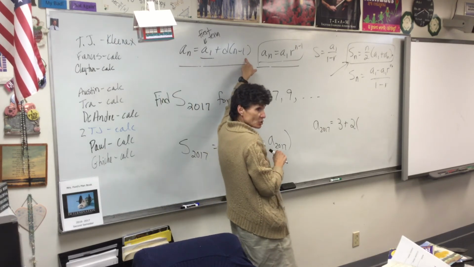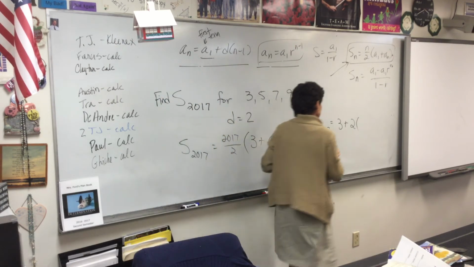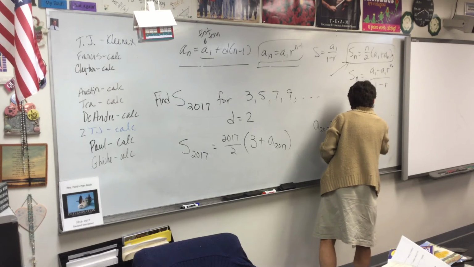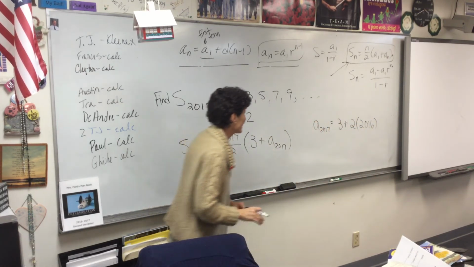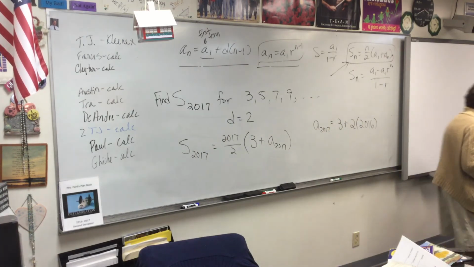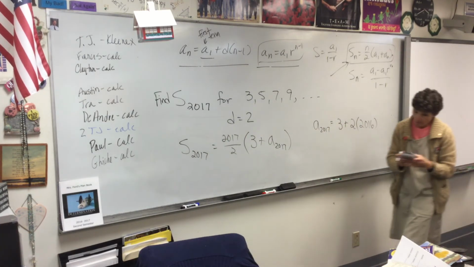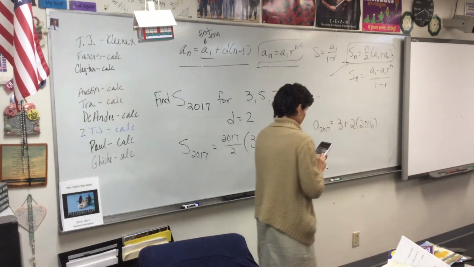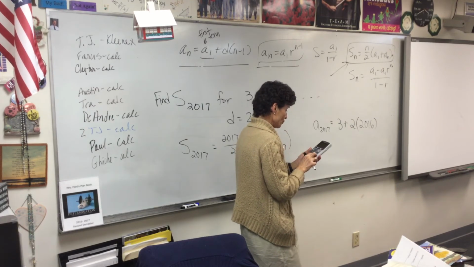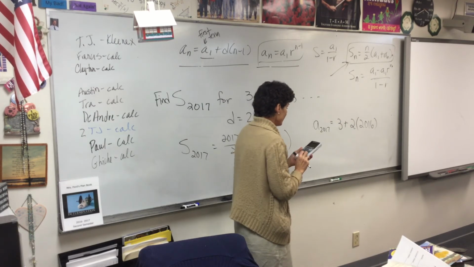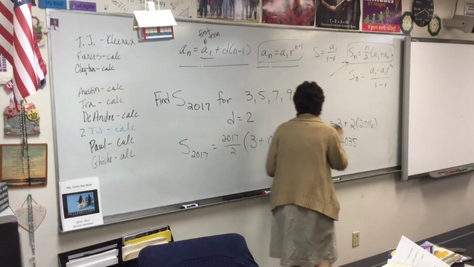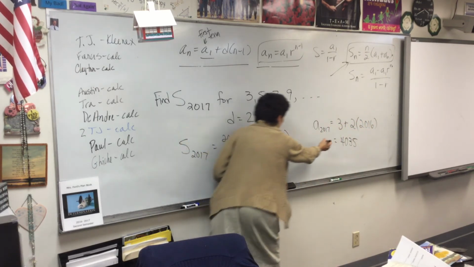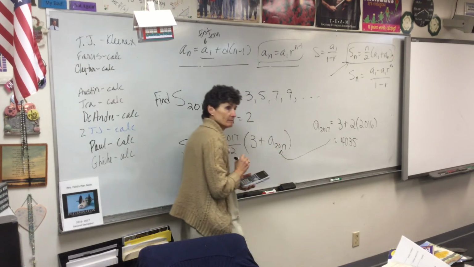So what's n minus 1 going to be? 2016. So I'm going to figure out what that is. That is not the answer. That's the answer I plug in there. So 3 plus 2 times 2016. So that's 4035. And that, Austin, is what's going to get plugged in here.